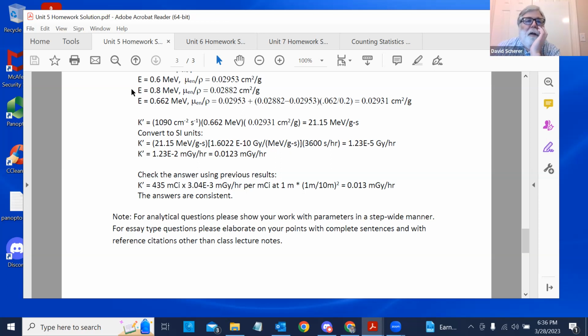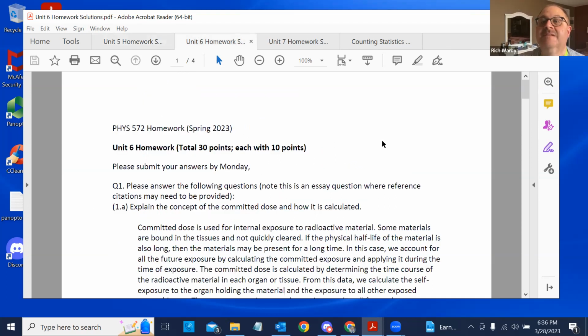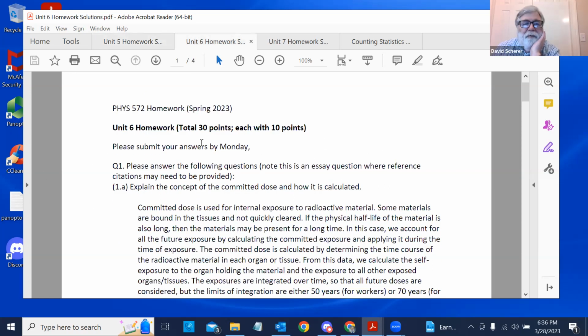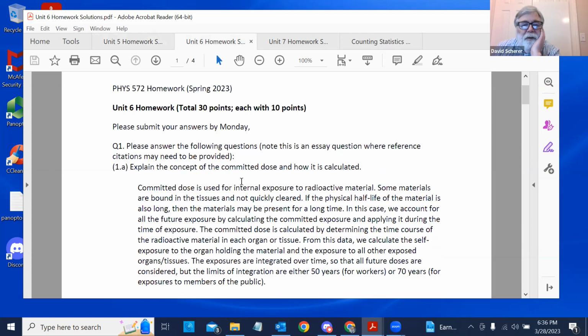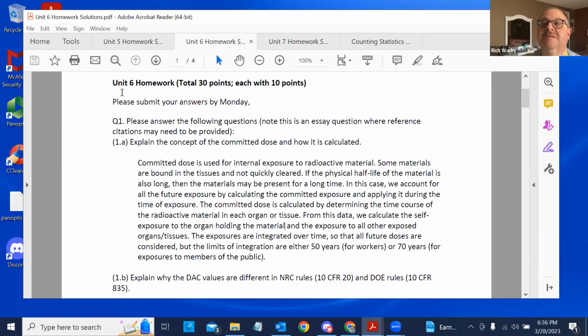So are we going to go over Unit 6 next? We're moving on. Is this the one you saw, the one about committed dose? That's it. Sorry about the misnumbering. That's okay. Now I know where to look. I put it in the wrong folder and I thought, is this for the other class that you teach? Nope. Now we got it. I'm sorry if I contributed to confusion there. Okay.